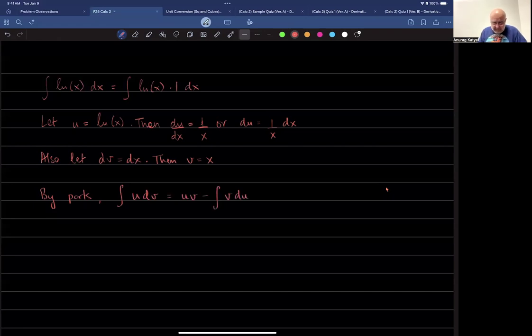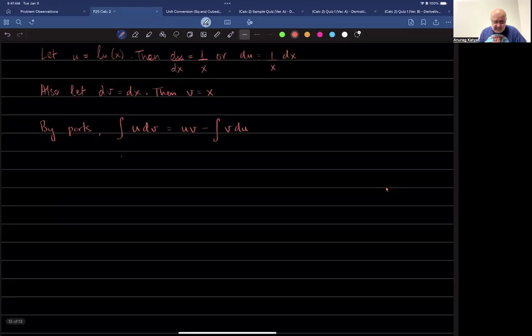Well, u is ln of x, dv is dx, so that's the left-hand side, equals u is ln of x times v is x minus the antiderivative of v, which is x, times du, which is 1 over x dx.